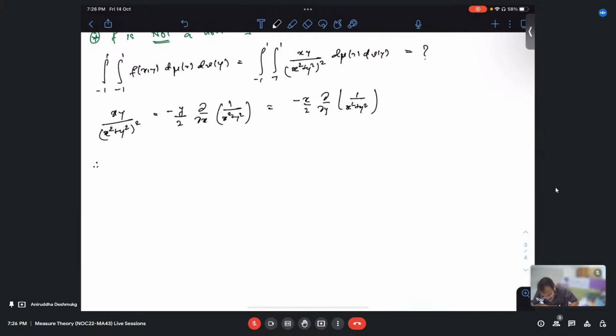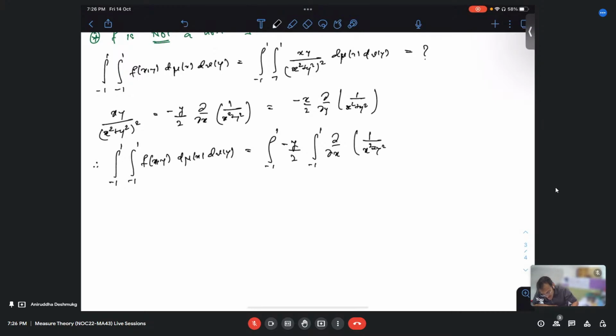So in our case, integral minus 1 to 1, integral minus 1 to 1, f of xy d mu x, d mu y, this is integral minus 1 to 1, minus y by 2, integral minus 1 to 1, the derivative of 1 over x square plus y square with respect to x, d mu x, d mu y.